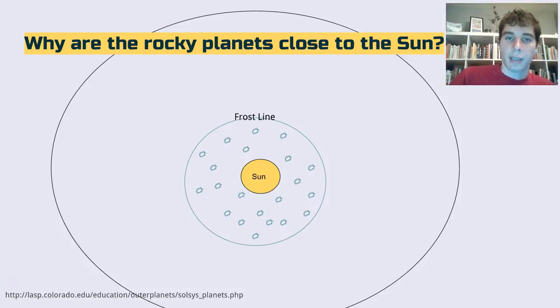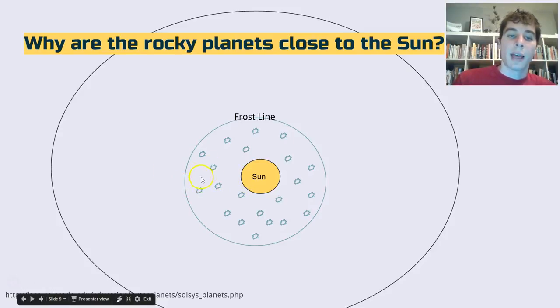However, once you got further and further away from the sun, it got cooler and cooler. And at a certain point, some of the things that were gases in here, things like water, ammonia, and methane, they're all gases here. But once they get further away from the sun, they will actually condense and turn into solids.